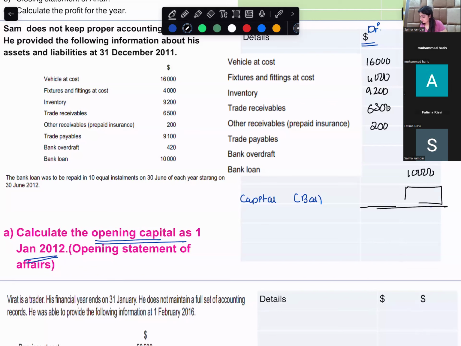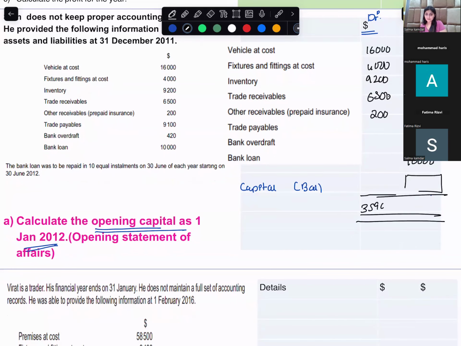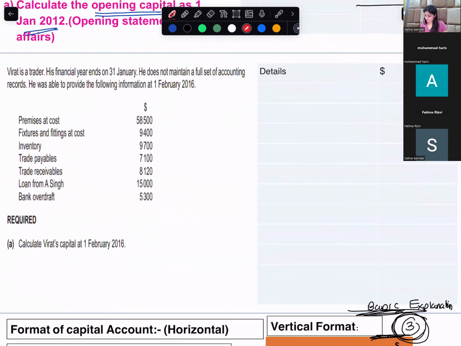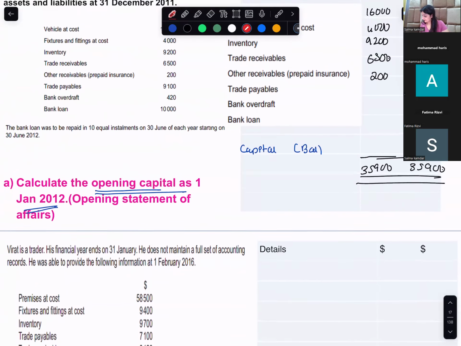Can you give the total of your debit? 35,900. So what is your capital? 16,380. Okay, fine.